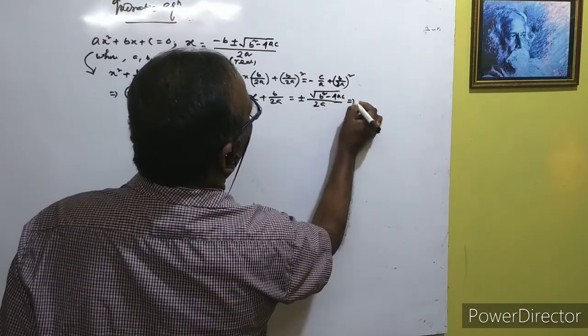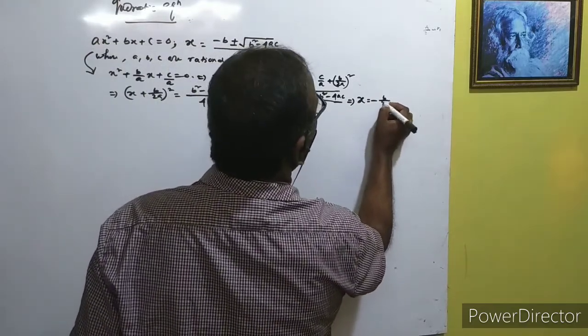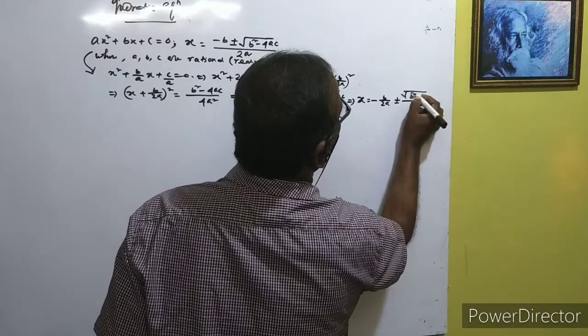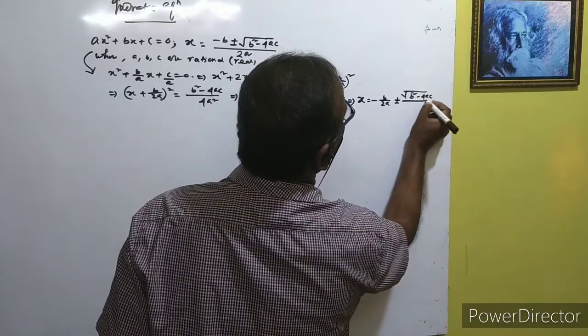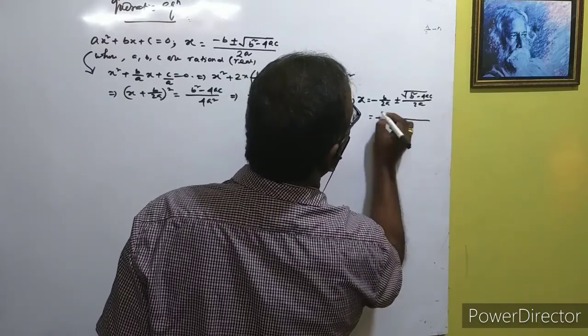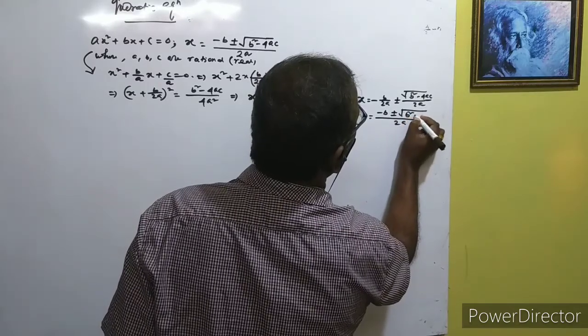Okay, and see again, x = -b/2a ± √(b² - 4ac) / 2a, and take an LCM, that is twice a, then we get the formula of Sridhar-Acharya. This is okay.